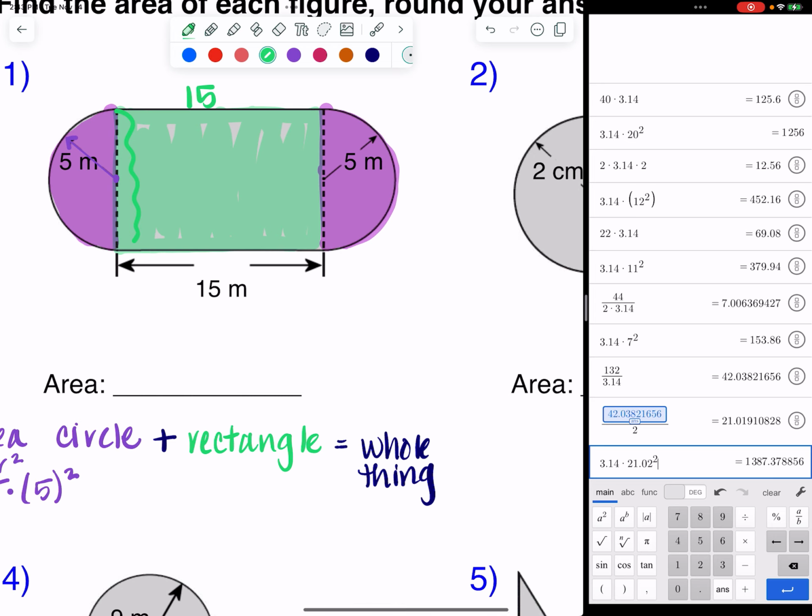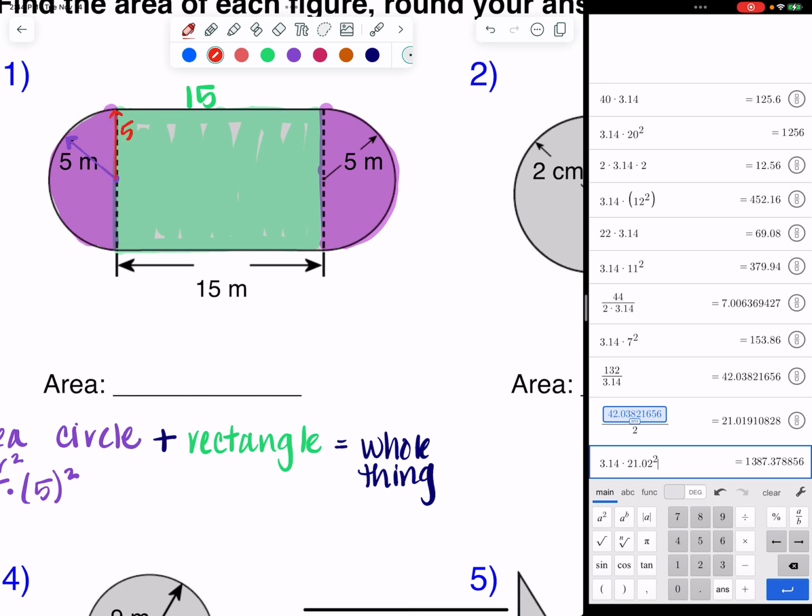I'm thinking that I know from here to here on that rectangle is 5 meters because it's the radius of the circle. And then if I do the same thing, I'm going to put that in red so it shows up a little better. From the center to the top of that rectangle would be 5 meters.